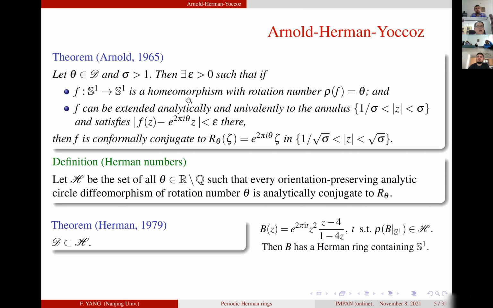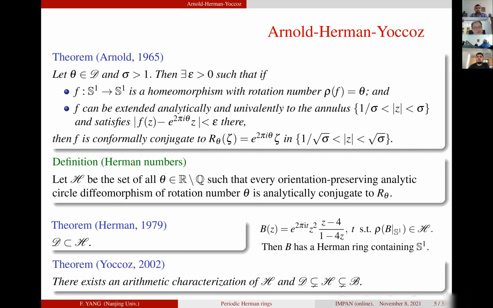So I think Arnold gave us some basic preparations for the existence of Herman rings, but Herman is the first one to produce specific examples of Herman rings. And in 2002, Yoccoz provided an arithmetic characterization of H, and the proof that H is properly contained in the Bruno type, and it properly contains the Diophantine numbers.